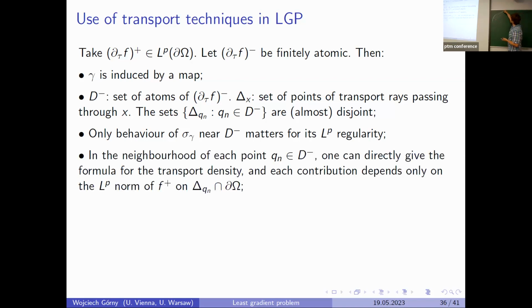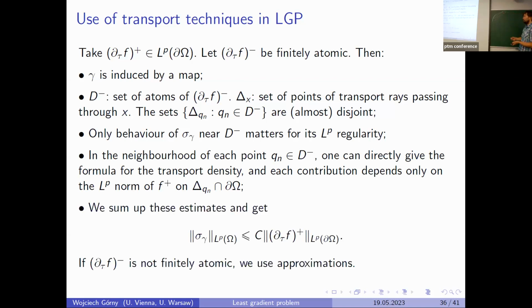In these neighborhoods, one can directly give the formula for the transport density, because in the optimal transport problem it is known how the transport density looks in this case. We can sum up these contributions and get some estimate on the transport density. If it's not finitely atomic, then we are very happy that this estimate does not depend on anything related to the second measure, but only on the source measure. So we can use approximations.